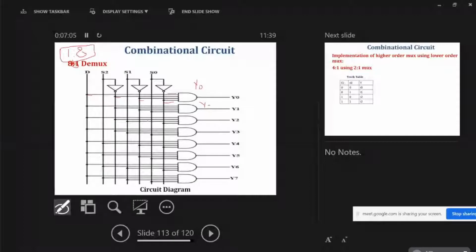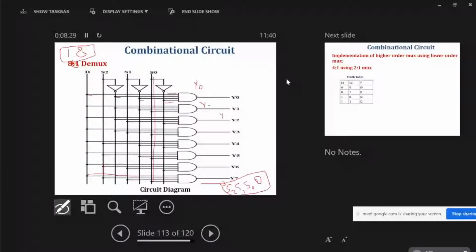This is the demultiplexer. Because a multiplexer is a combinational circuit, we have different variations of the multiplexer: 2 to 1, 4 to 1, 8 to 1, and so on, 16 to 1, 32 to 1, 64 to 1.